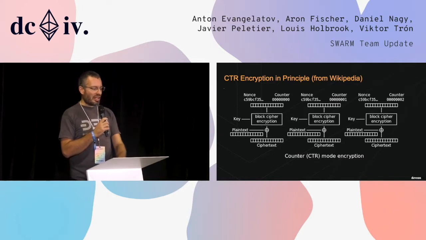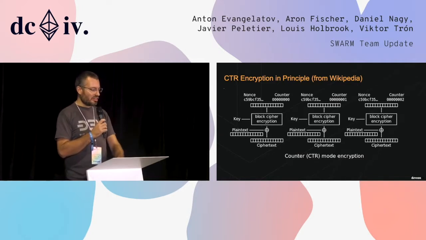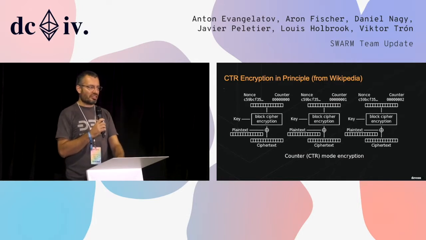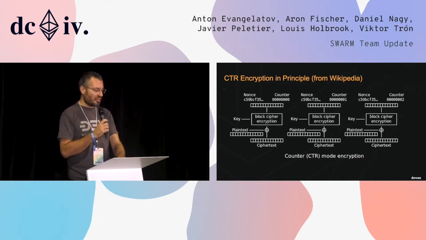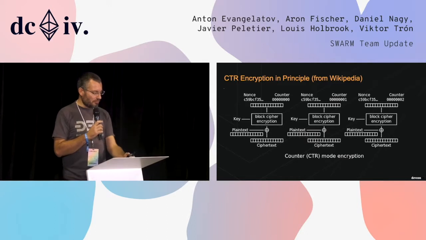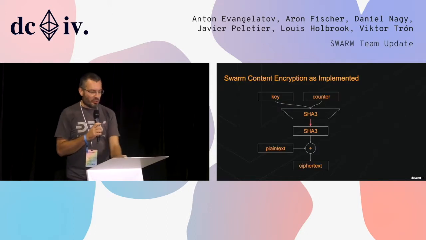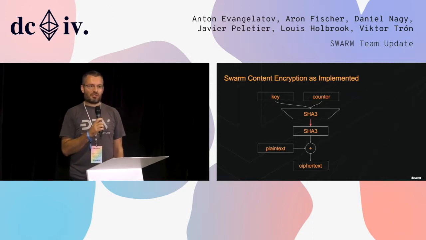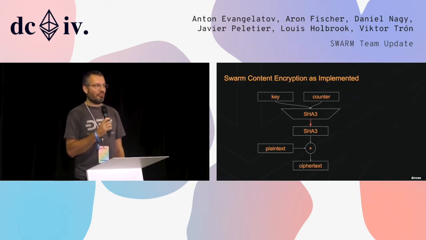However, we use our own version of it, which is a slight modification. So instead of the block cipher, which really is just a one-way function with a reverse gear, which CTR encryption doesn't use anyway, we use SHA-3 twice, which is the same hash function that is used throughout Ethereum.